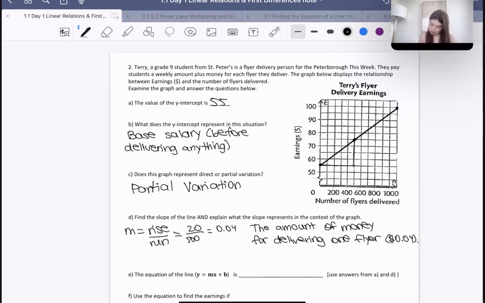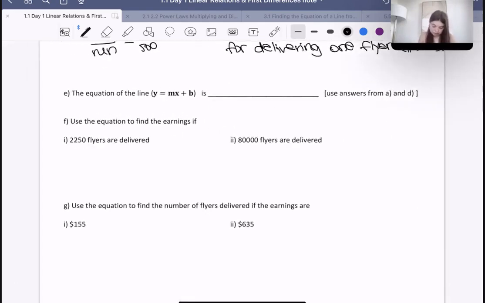So not a lot. The equation of the line y equals mx plus b is what? Well, let's see. It's 4 cents per flyer plus the initial $55 that she gets because she works at this job. Oh, and I forgot my x. I just put 0.04. It should be 0.04x plus 55, like that.